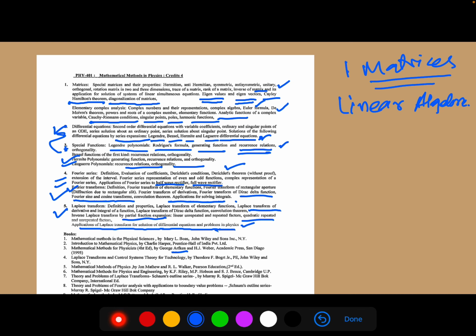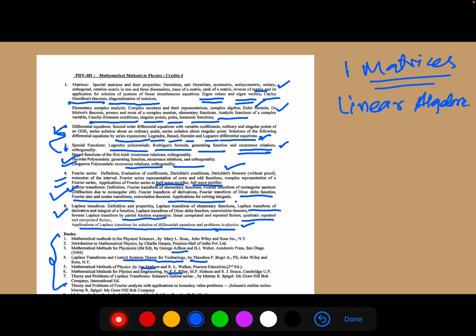Then Laplace Transform and Control System Theory for Technological by Theoret. Mathematical Methods by John Matthew. Mathematical Methods in Physics and Engineering by K. F. Riley. Okay, these are the authors of reference books in which you can study our syllabus.